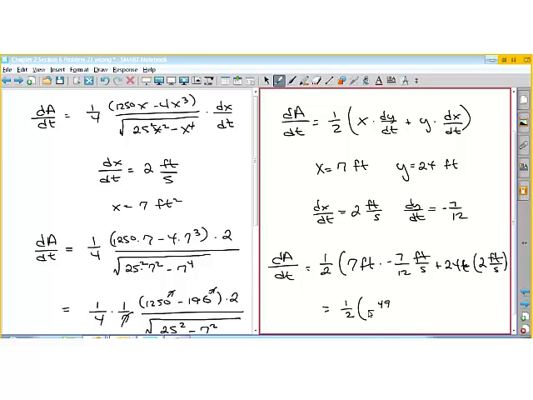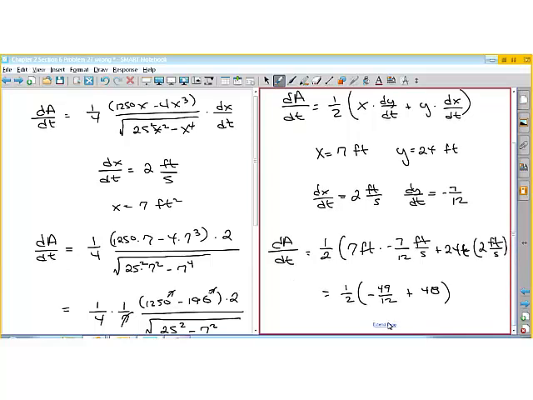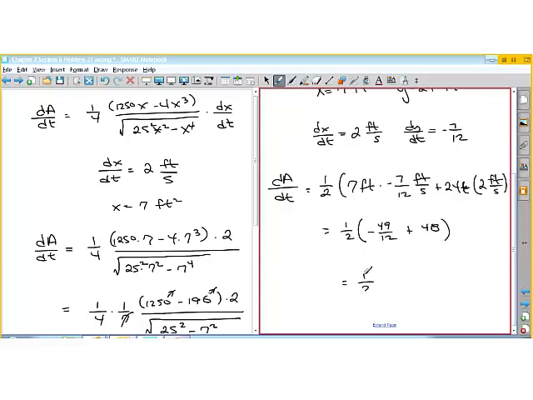Okay, 1/2 times negative 49/12 plus 2 times 24, which is 48. So let's put it with a common denominator of 12. So you get 1/2 times negative 49/12 plus, okay, to get the next one, you multiply 48 times 12. 48 times 12 is 576. 576/12.